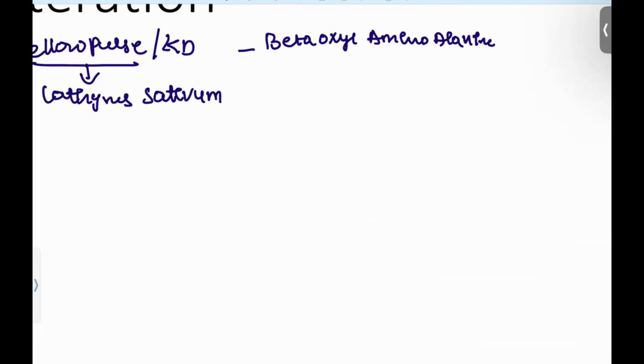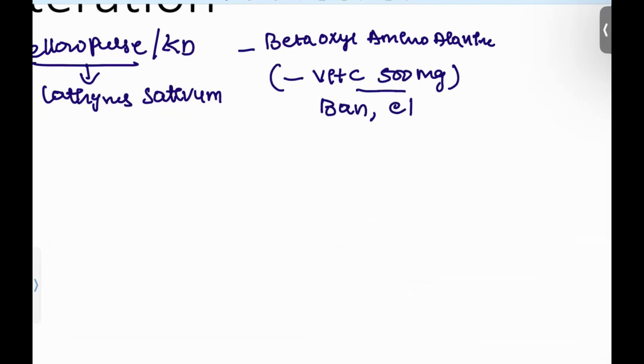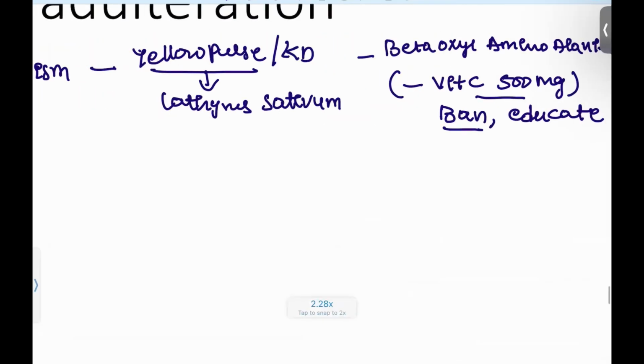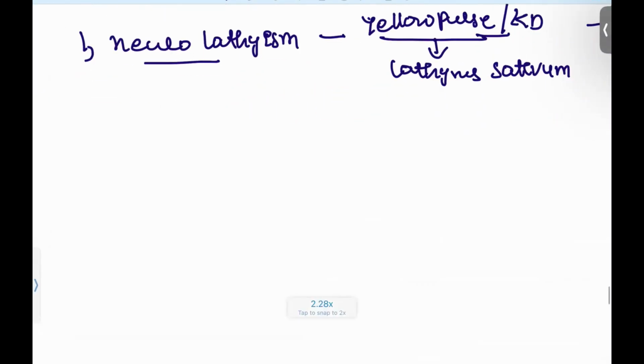What we can do, you have to start the patient on vitamin C. Simply vitamin C, a 500 mg dosage can be given for this patient, and ban that crop, educate the patient. And when the patient is cultivating the kesari dal, you have to make sure that the toxin removal is done from these yellow pulses.